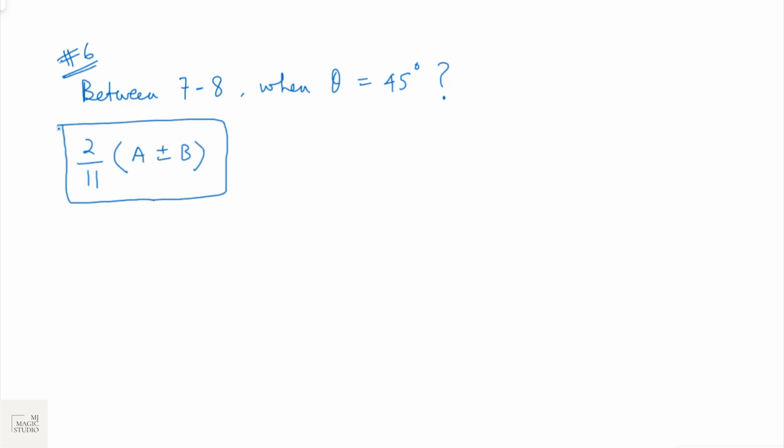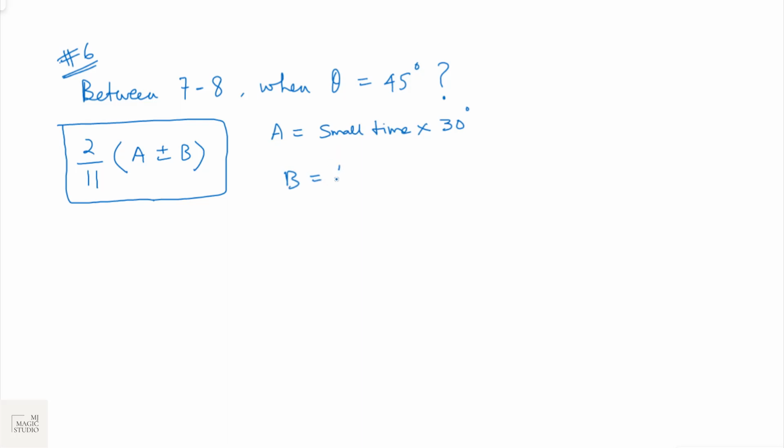Now what is A and what is B? A is the small time or small hour, the small time into 30 degrees. You try to recollect the formula, 30h minus 11 by 2m. We are following the same pattern. Now what is B?